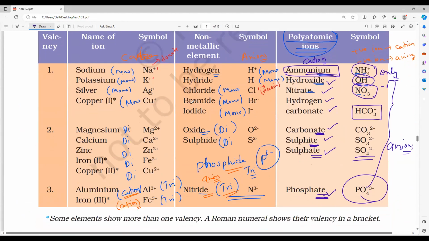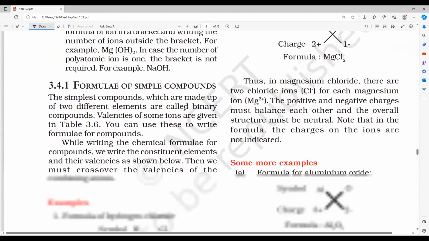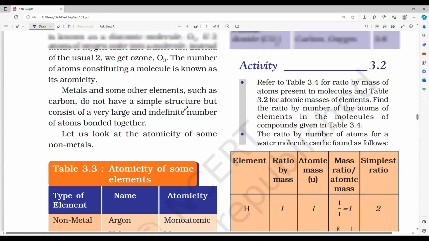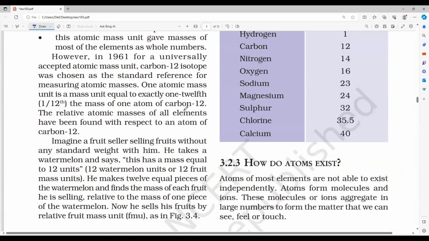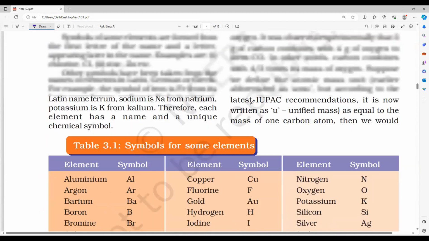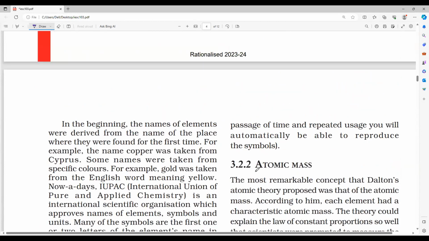And then we'll go to the concept which we left. What is the concept we left? Measurement of atomic masses. So what is atomic mass and what is molecular mass and how to calculate them? That is all we are going to discuss.